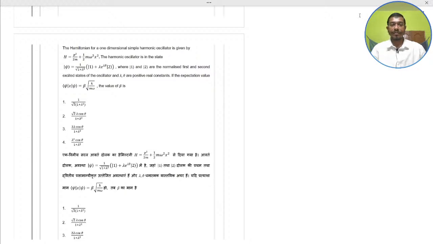If the expectation value of psi x psi is beta root over h cross by m omega, you have to find the value of beta. Another important question, this is from quantum mechanics, the harmonic oscillator.